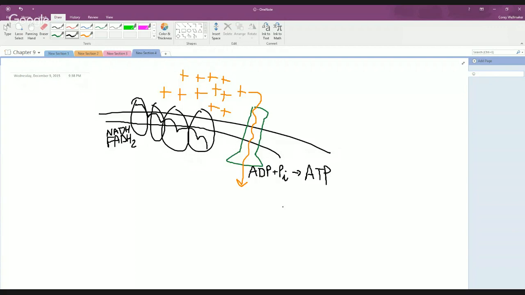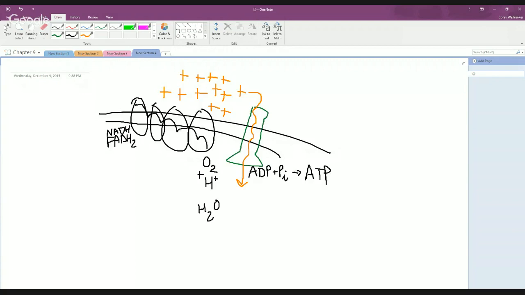So notice that the electron itself isn't directly interacting with these reactants. That electron is eventually going to get captured by oxygen, which is also going to interact with these hydrogen ions diffusing through ATP synthase to make water.